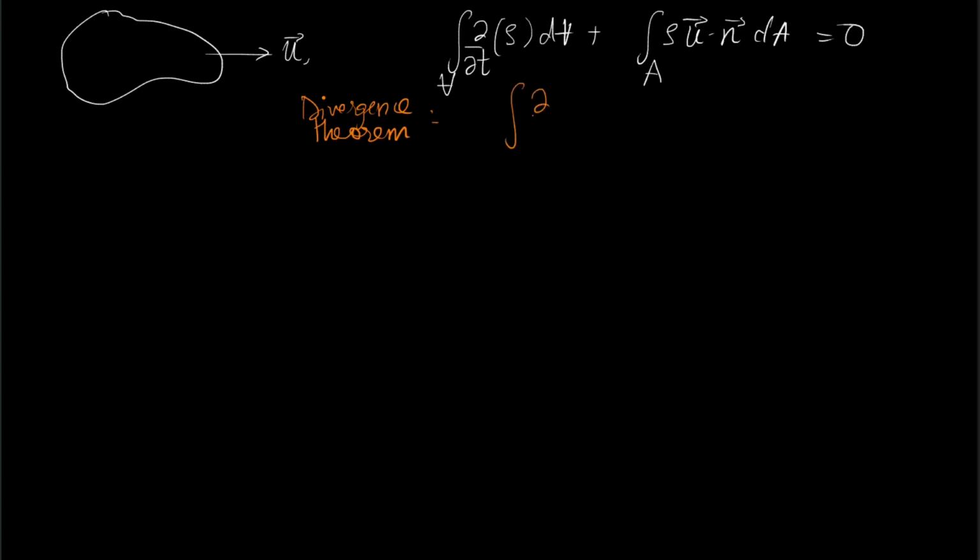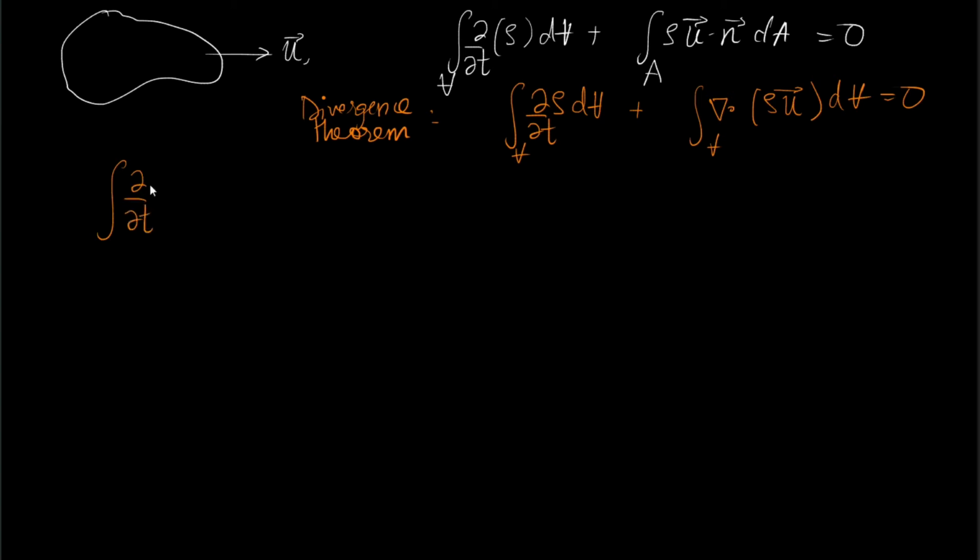So this becomes integral of ∂/∂t of rho dV plus the divergence of rho u dV equal to 0. So then we have integral of ∂rho/∂t plus divergence of rho u, this entire object integrated over the volume equal to 0.